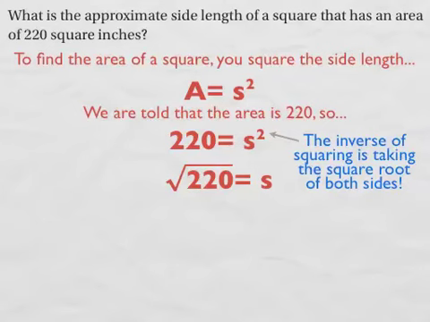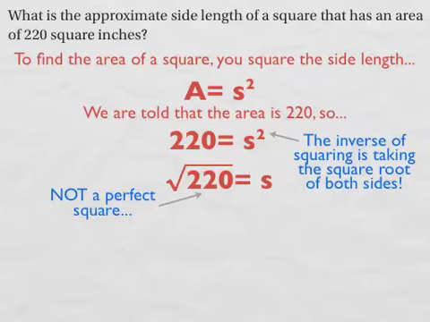If you've made your list of perfect squares, then you quickly see that 220 is not a perfect square. The question asks for the approximate side length, which indicates that I am going to be estimating or finding the closest answer.